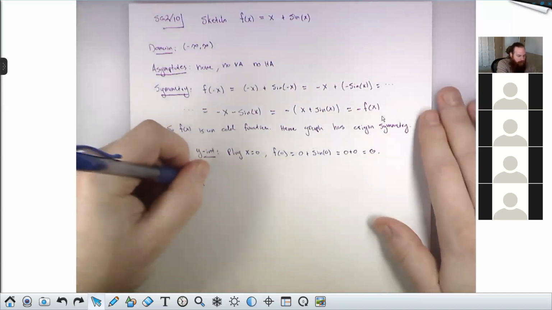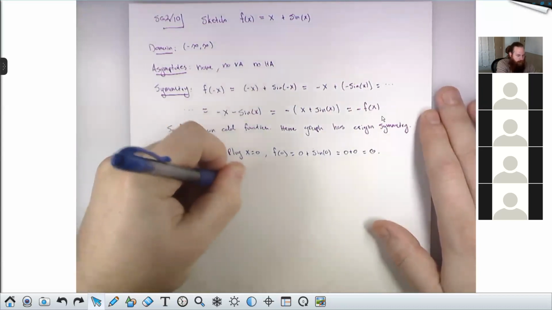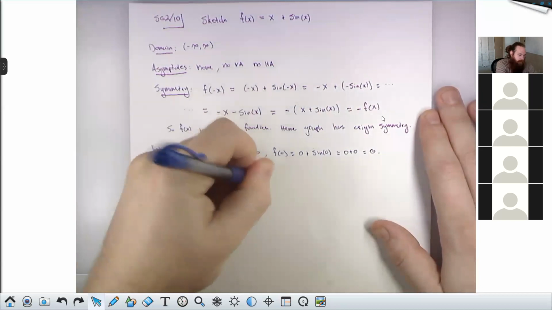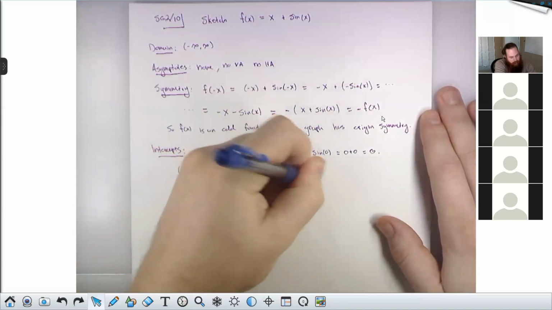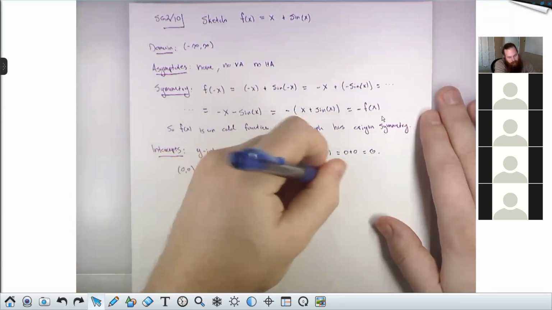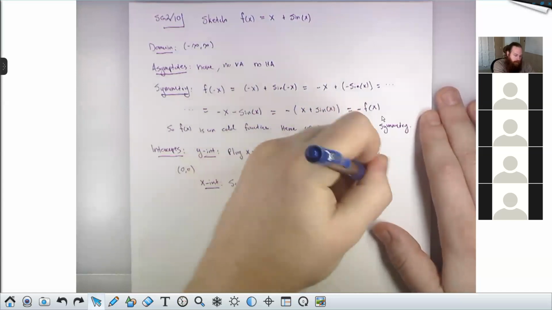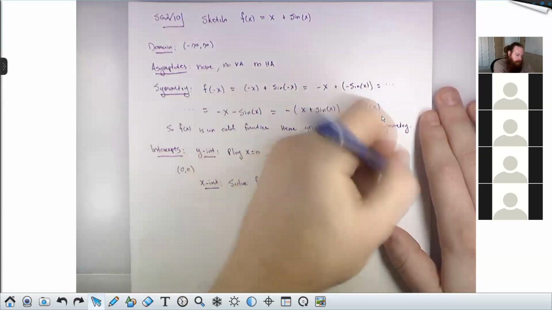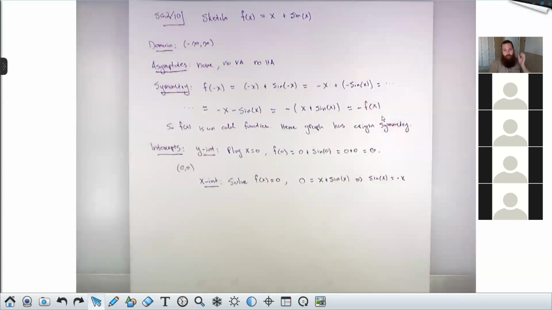In general, to find x-intercepts, you need to solve f of x equals 0. So you would be trying to solve 0 equals x plus sine x, which is the same as saying sine x equals negative x. One solution to that equation is x equals 0. But then it's hard to tell whether or not there might be other solutions to this.